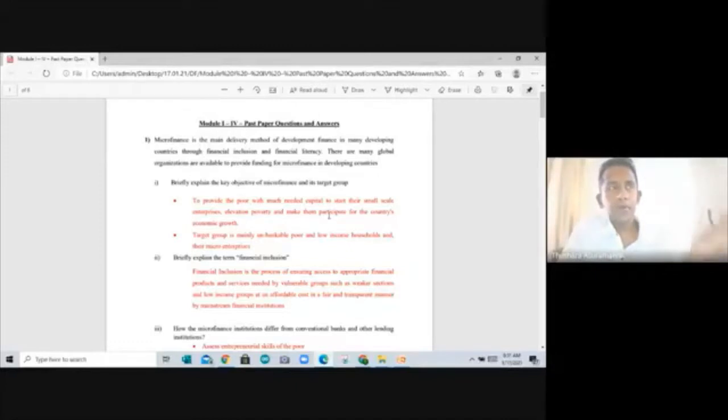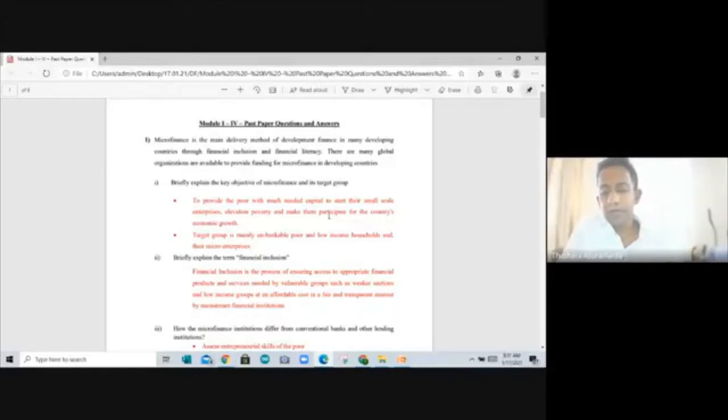That's fine, because in a pyramid, the people below the poverty line, or you can say unbankable, low income households, and micro enterprises. So entrepreneurs and enterprises, they are low income, unbankable, below the poverty line or poor. There are 3 points that he discussed, so you need to have those 3 points intact while writing the answer.